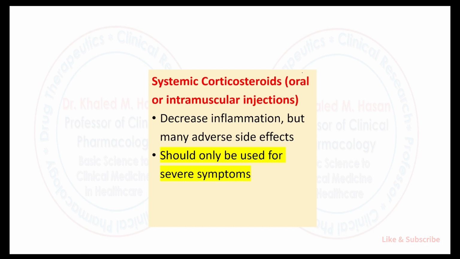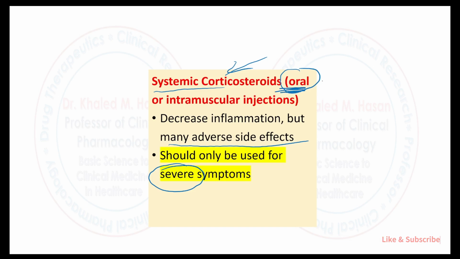What about oral? Shall we use oral cortisone? They said yes if we have severe symptoms, but if irregular, we don't recommend it due to the side effects. We don't recommend systemic use. We don't really recommend oral.